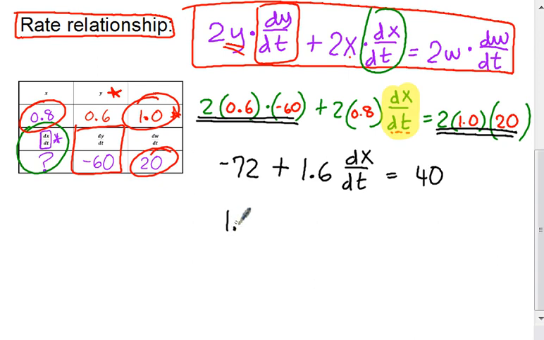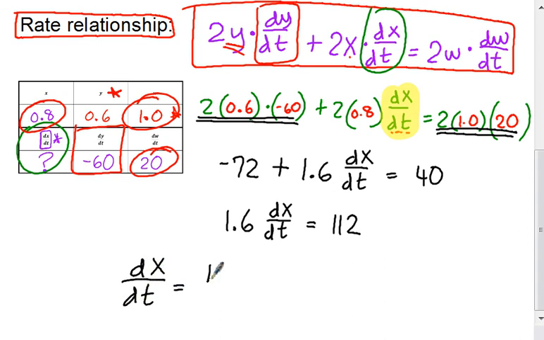So we get 1.6 times dx/dt equals 40 plus 72. So I think that's 112. And therefore, dx/dt should be 112 divided by 1.6. And using a calculator, I'm going to go ahead and compute that. 112 divided by 1.6 is 7.5.